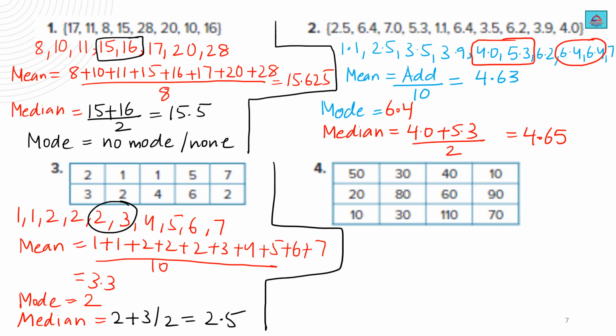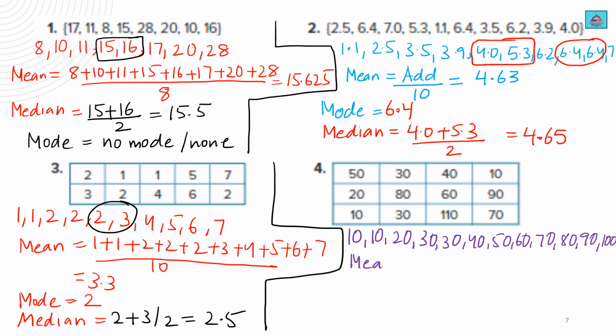Next we do the last question, which is question number 4. Arrange in ascending order first. So that's what I'm doing. This is going to be the ascending order of the numbers. In all, there are 12 numbers.